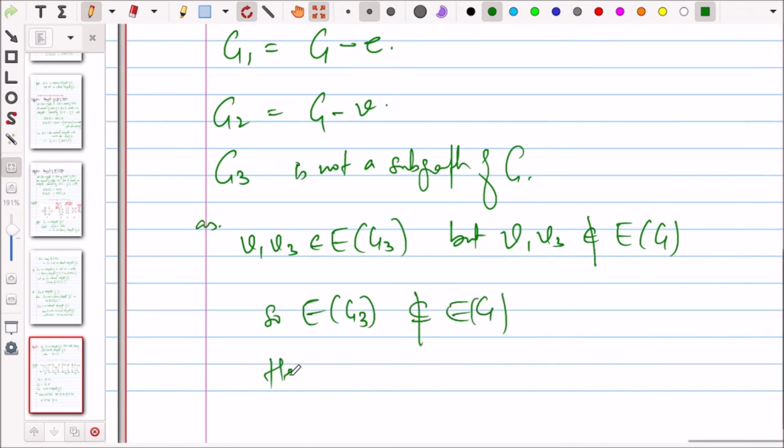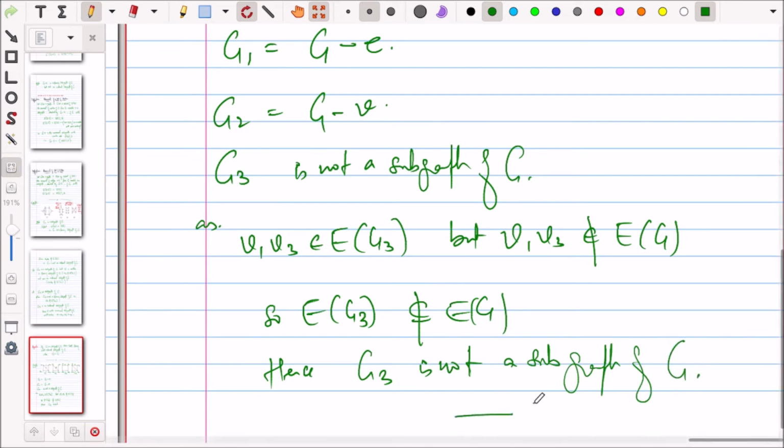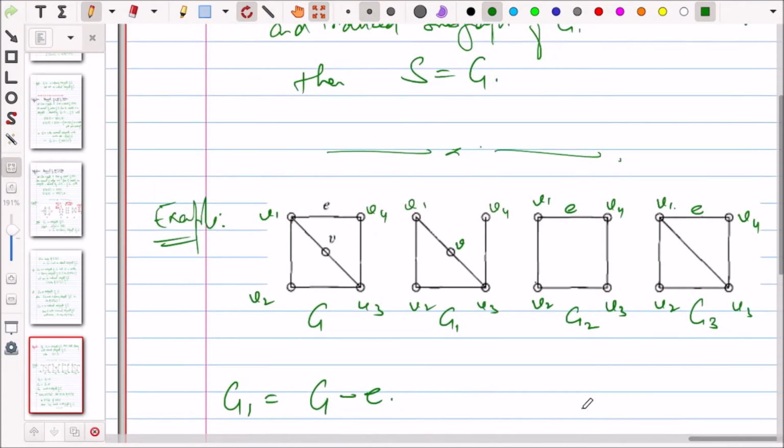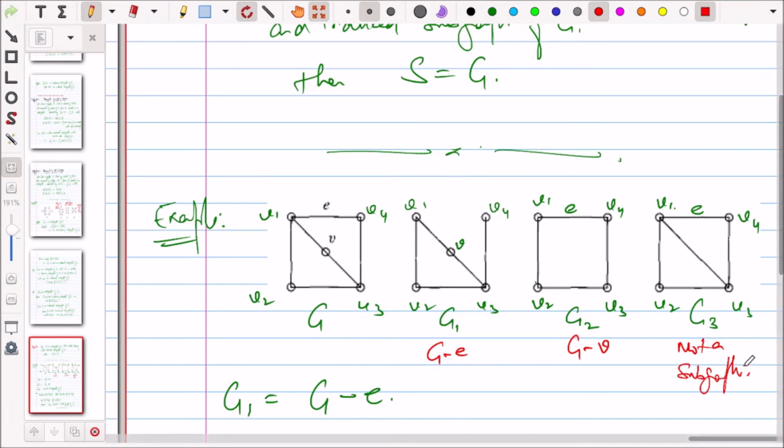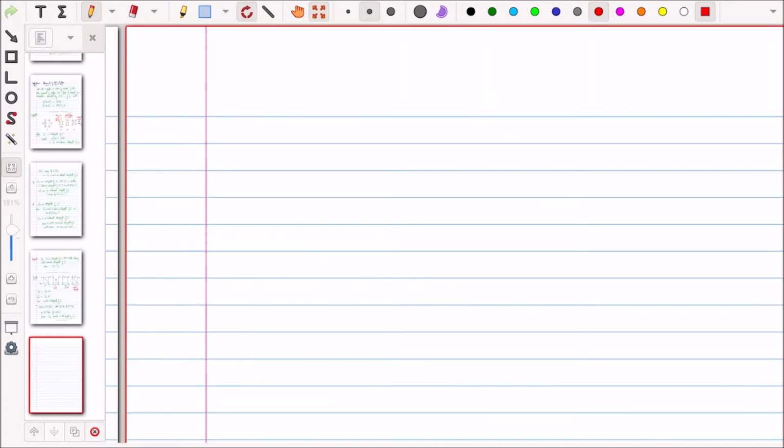Hence G3 is not a subgraph of G. Fine. Okay, so G3 is not a subgraph of G. This is your G minus E. This is your G minus V, and this is not a subgraph. Fine.